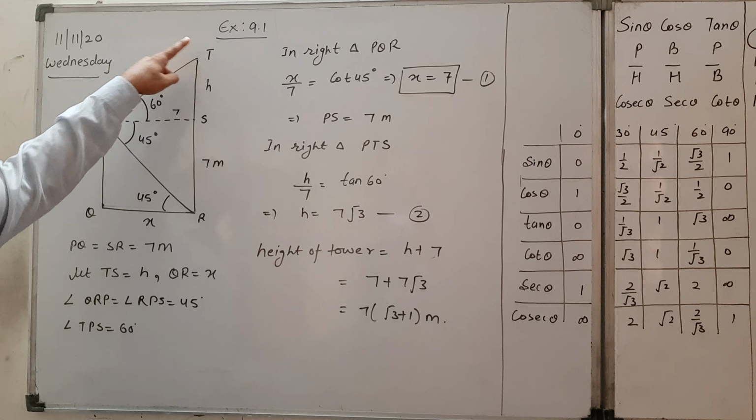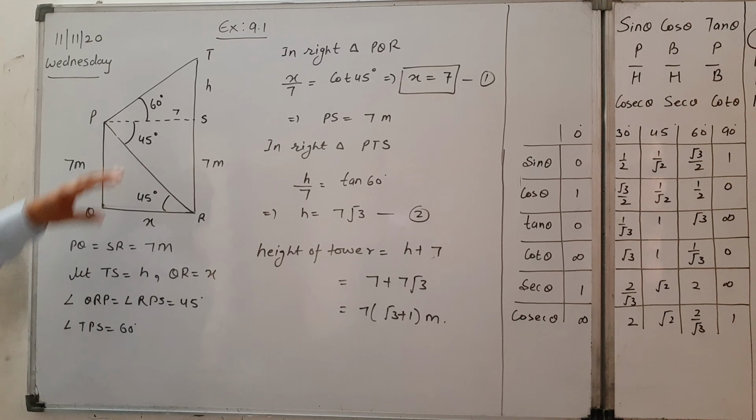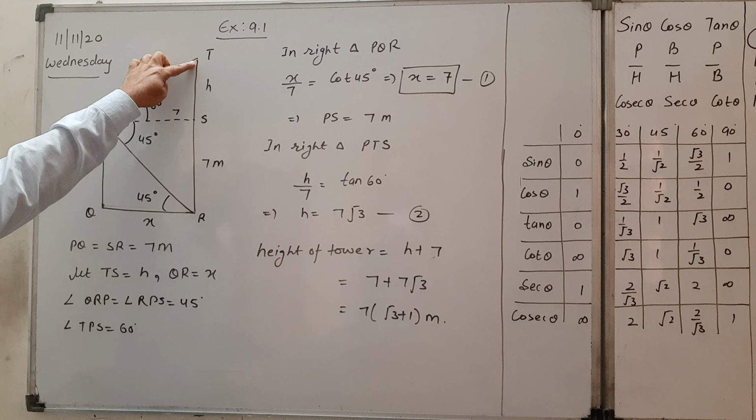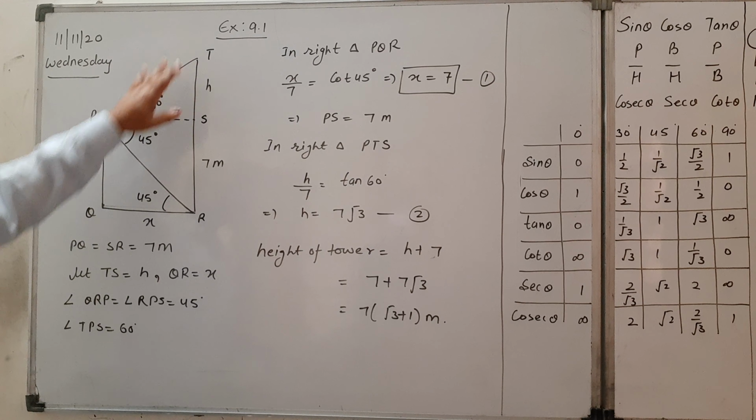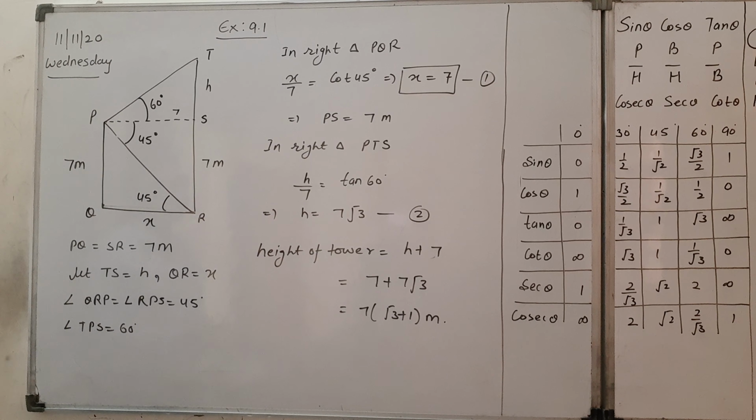So angle TPS is given to be 60 degrees, and from the same point of observation the angle of depression of the foot of the tower, this angle, is given as 45. These are alternate angles, so this angle is also 45. We want to find the height of the tower, the complete tower TR.